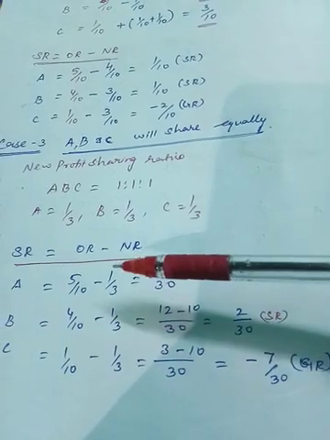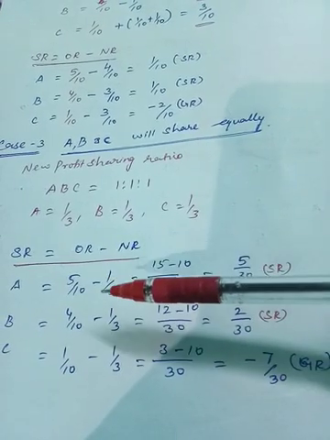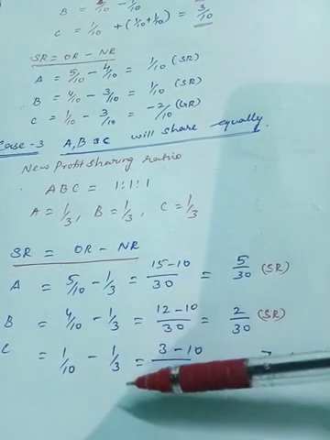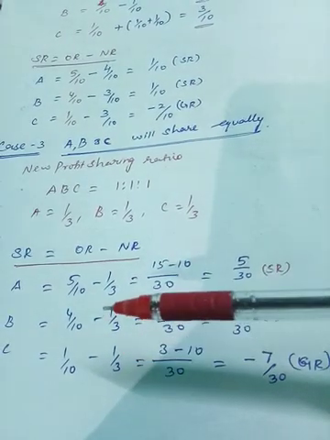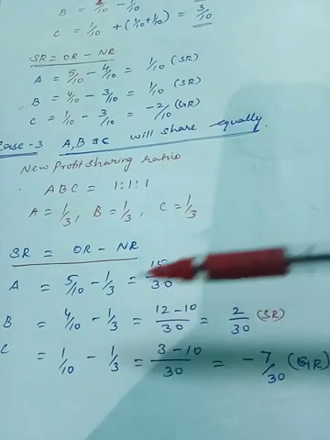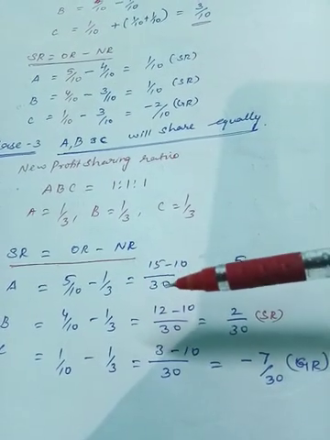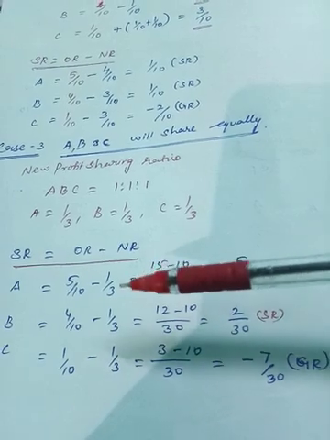Now come to the calculation of the sacrificing ratio. Old ratio minus new ratio. So you subtract 1/3, 1/3, 1/3 from A, B and C. First you have to take the LCM, so 30.